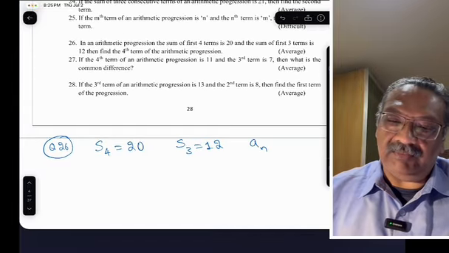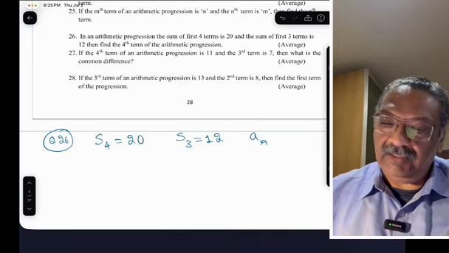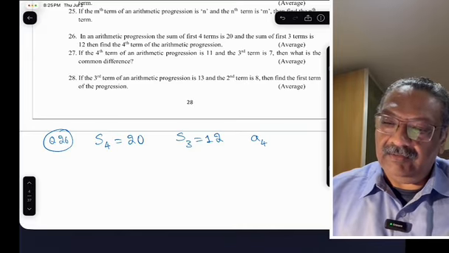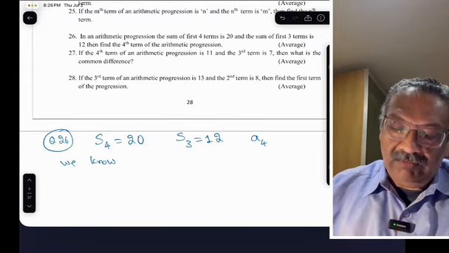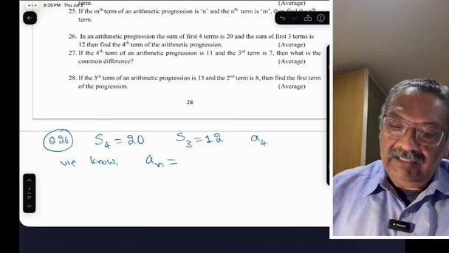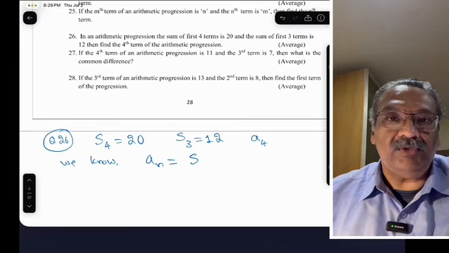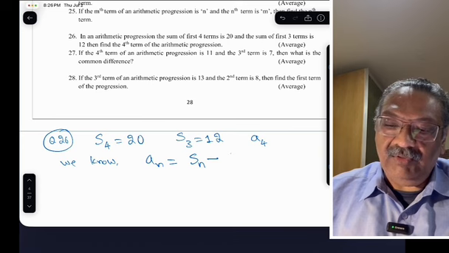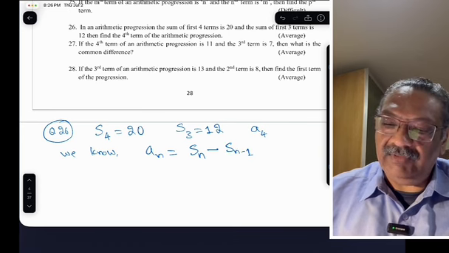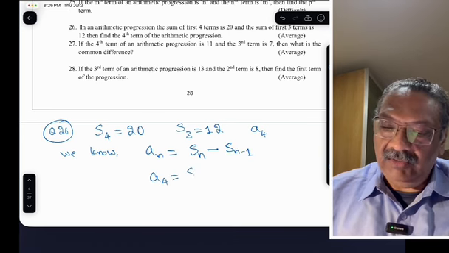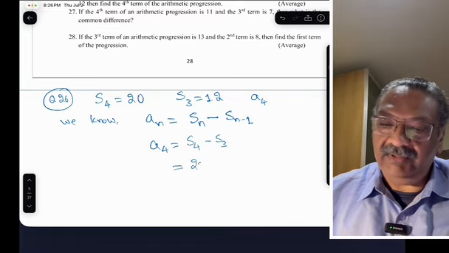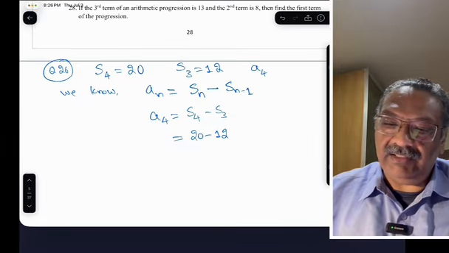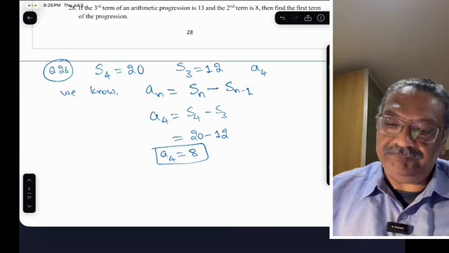Find the fourth term, that is A4. We know the formula: the nth term is also the sum of n terms minus the sum of n minus 1 terms. So A4 is equal to S4 minus S3, which is 20 minus 12. So the fourth term is 8.